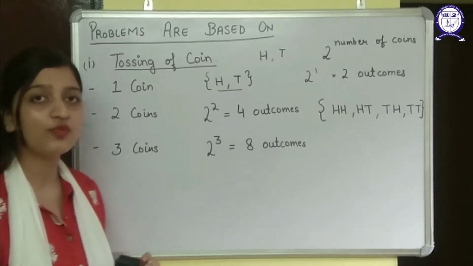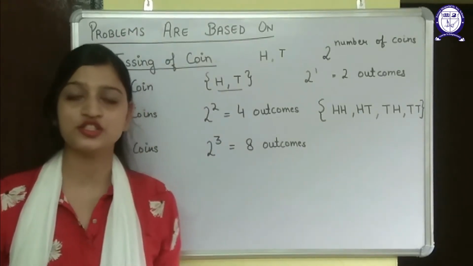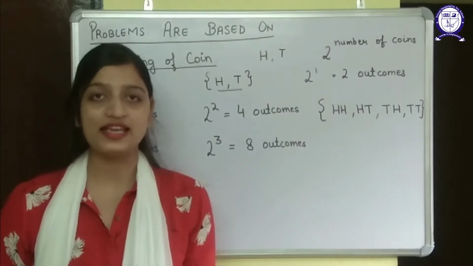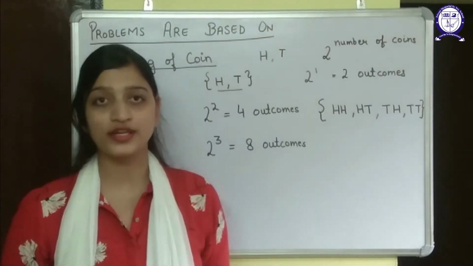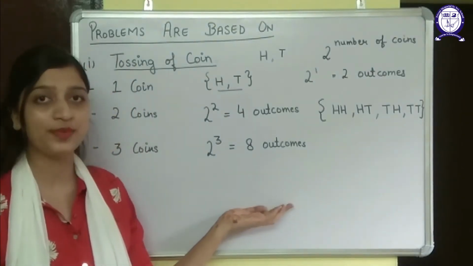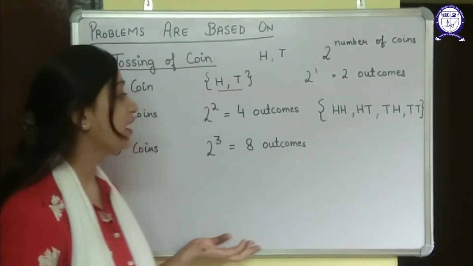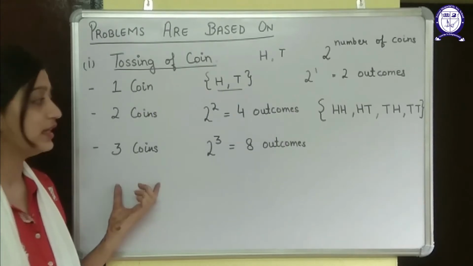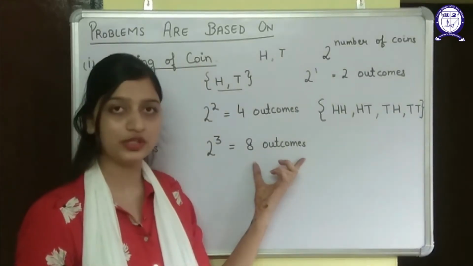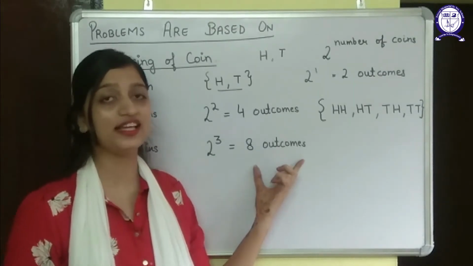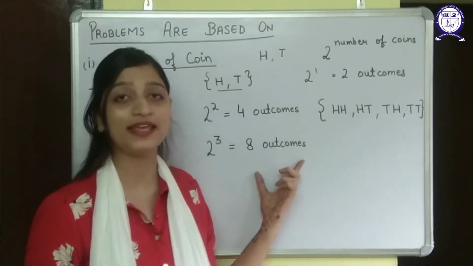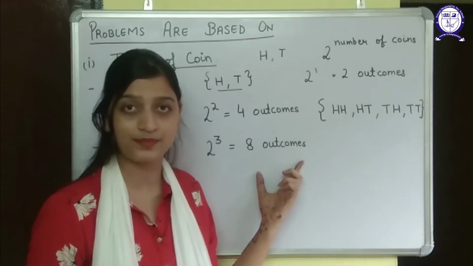Now in the question of probability, whenever the question is of coin, dice, or you can say deck of cards, it's very important that you make the sample space first. Now coming to the 3 coins. There are 8 outcomes, and since the outcomes are large in number, there is a possibility of making mistakes while making the sample space.